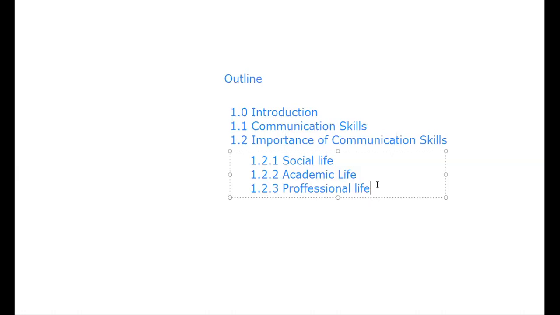Then from there, most scholars and most writers will ask you to put up an analysis or critique. Then your 1.4 will be your conclusion. Your 1.5 will be your references.